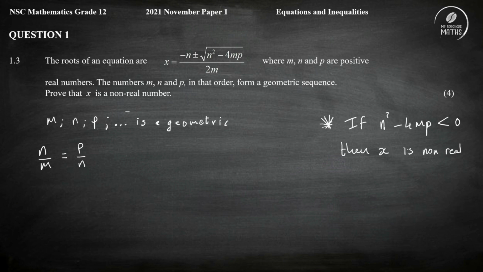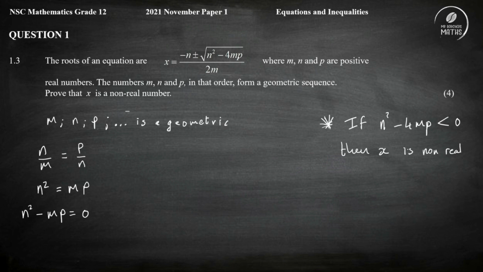And that will allow us to set up a little equation. Through cross multiplication, we would get n squared is equal to mp, which then allows us to say that n squared minus mp is equal to 0.